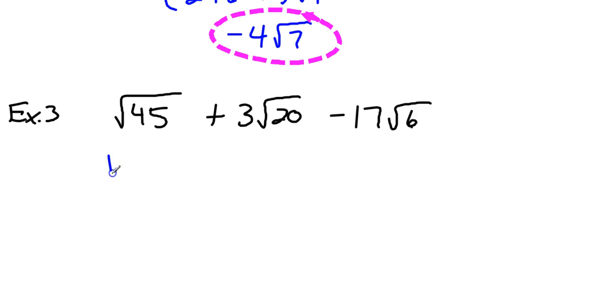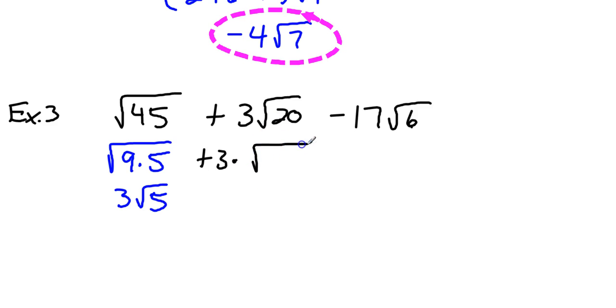All right, with 45, that's 9 times 5, and with the square root of 9, you can make that part 3. When you take 20, break it apart, that's 4 times 5. Square root of 4 would be 2. Left with the square root of 5.